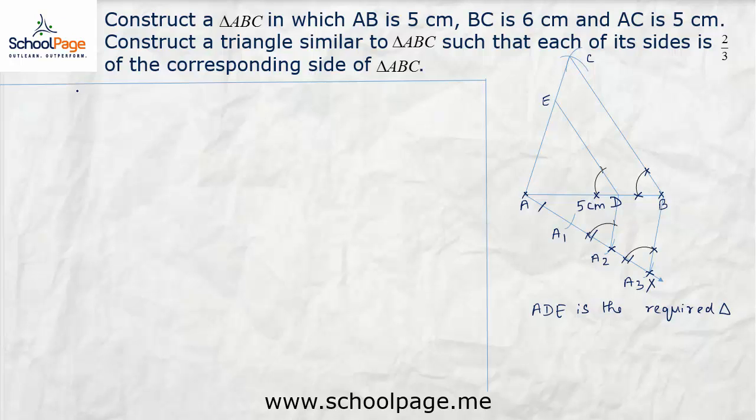Let us now recall the steps of construction. We first drew the triangle ABC. For this, the first step was to draw AB 5 cm in length. The second step, with B as center and 6 centimeter as radius, draw an arc.